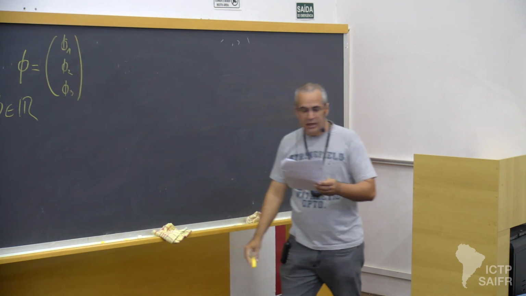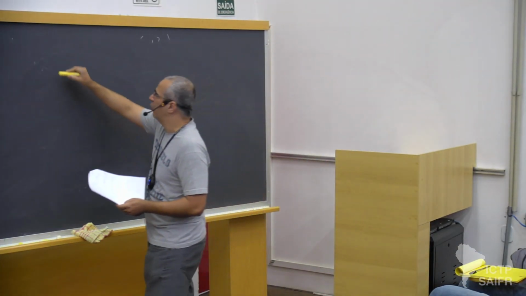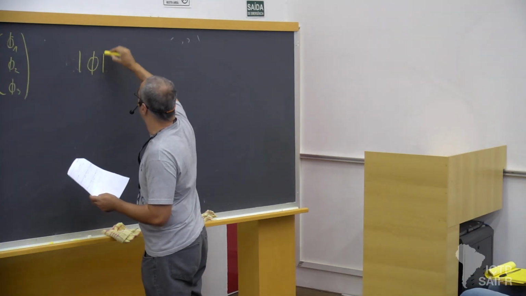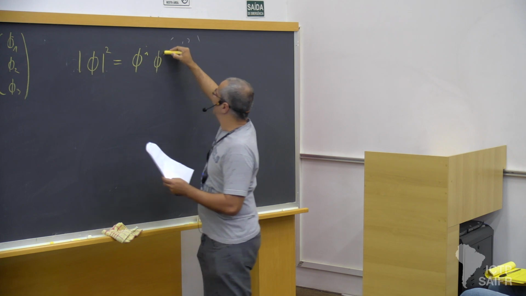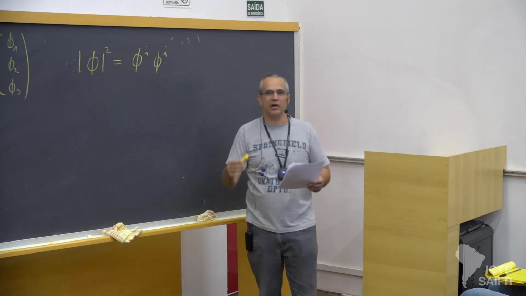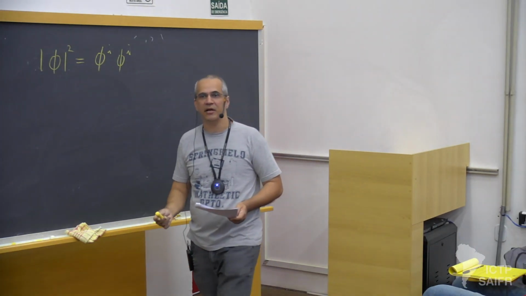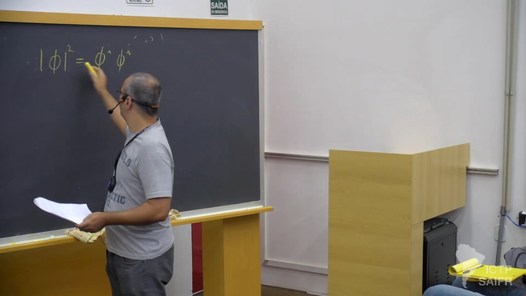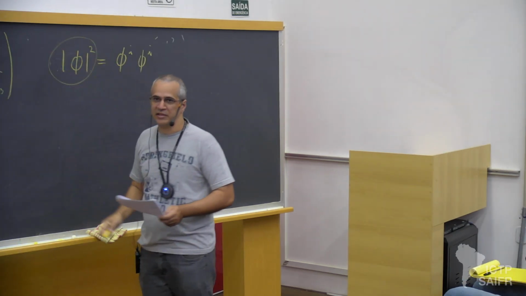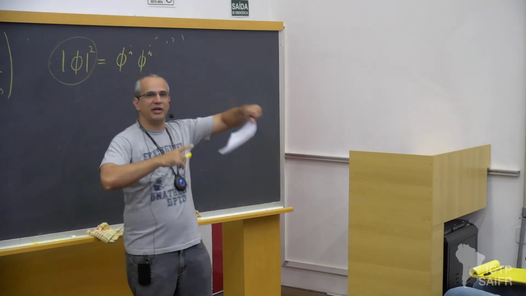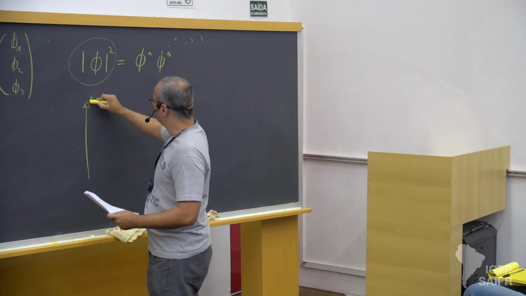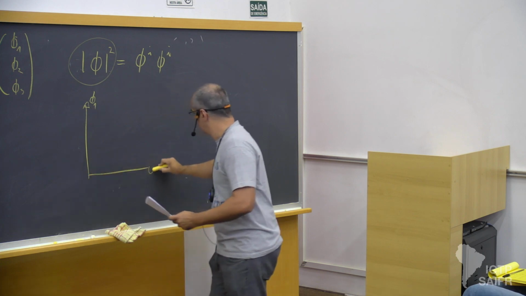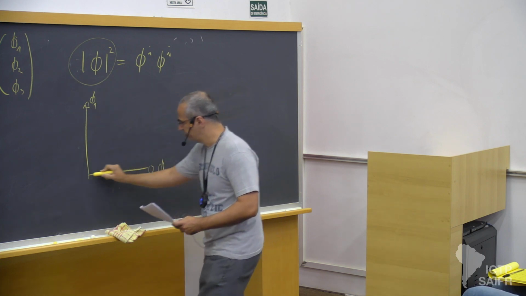If I build my whole Lagrangian only out of this guy, defined in this way, phi I, right? So it's phi 1 square plus phi 2 square plus phi 3 square. If all that appears in my Lagrangian is this, it will be symmetric under 3D rotations in this internal space that I can define, phi 1, phi 2, phi 3.